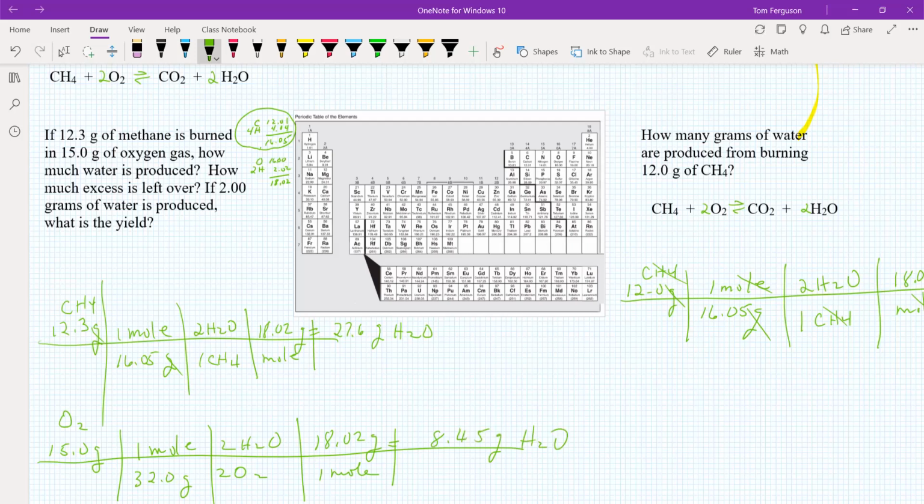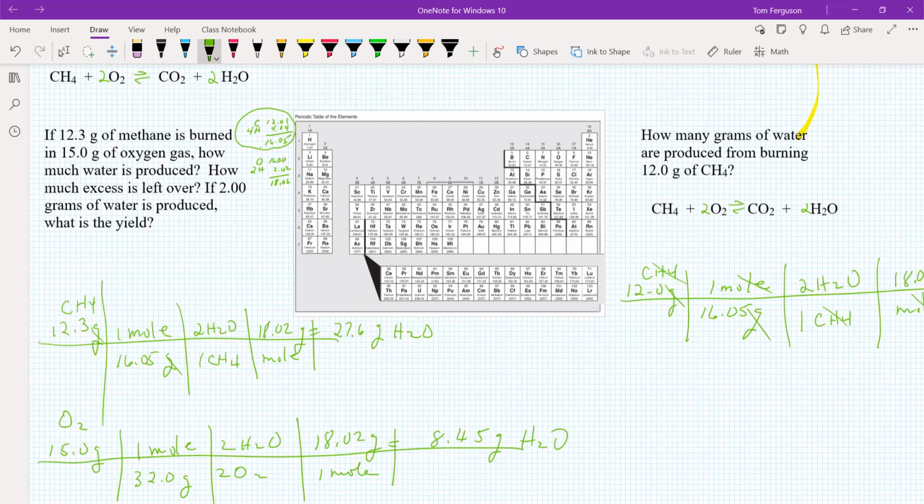Okay, so if we start with 15 grams of oxygen, ignoring the methane, we're going to produce only 8.45 grams of water. We do the reciprocal calculation, methane ignoring the oxygen, we get 27.6.